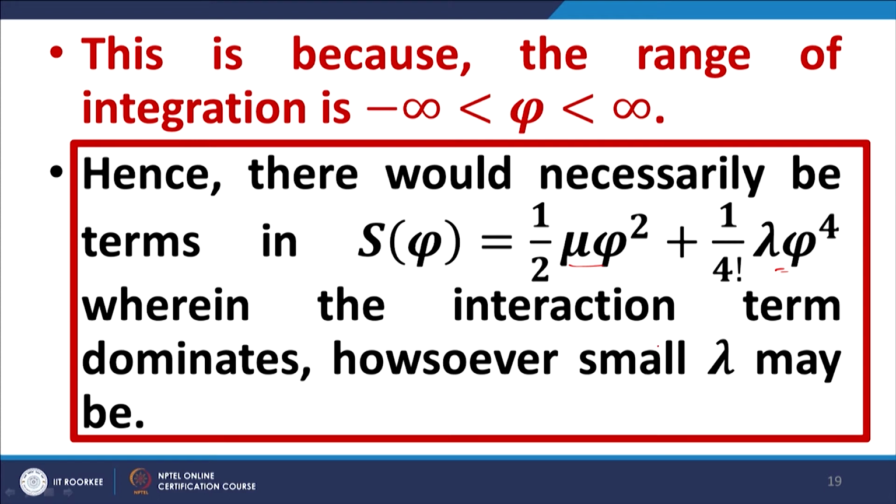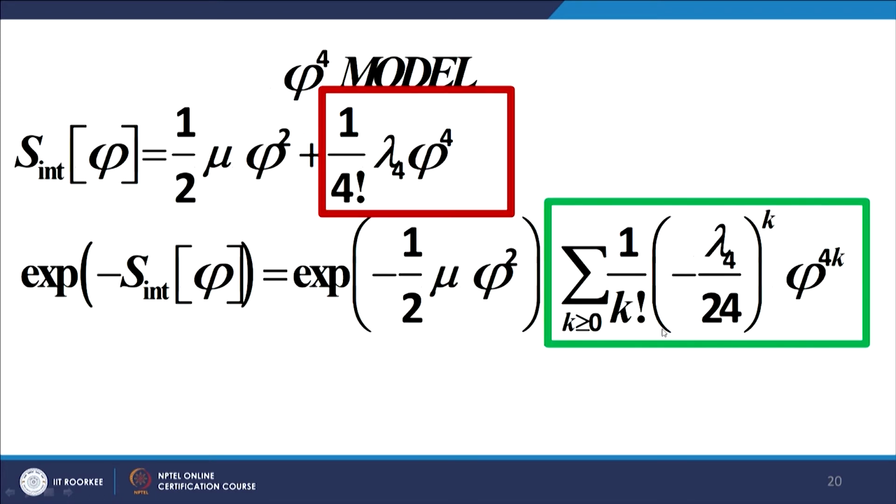Some permutations would definitely arise where the lambda terms dominate, and that is bound to happen however small lambda is. As a result, flipping the integral and the summation sign does not necessarily imply that the flipped series would also converge.